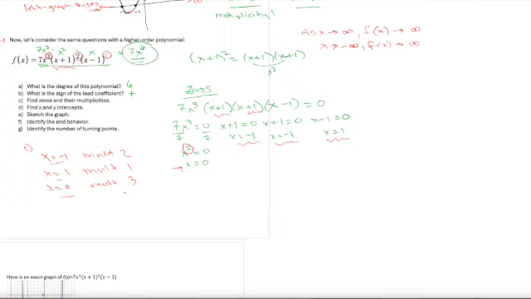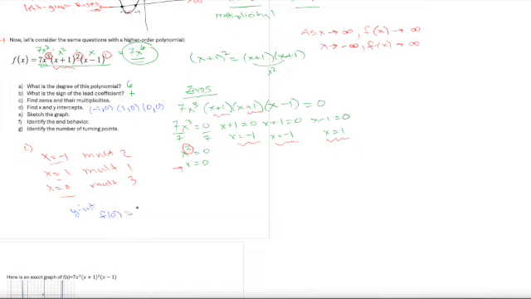So find the x and y intercepts. So the x-intercepts are the zeros. So I've already found the x-intercepts. The x-intercepts are negative 1, 0, 1, 0, and 0, 0. Remember, the y-intercepts are found by replacing x with 0.